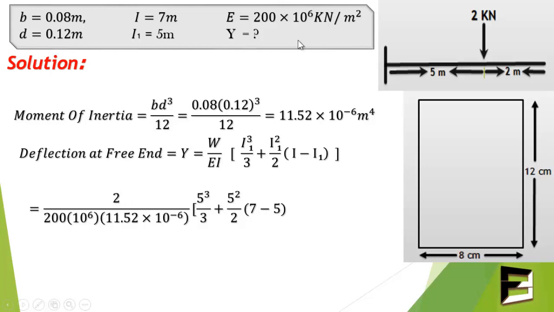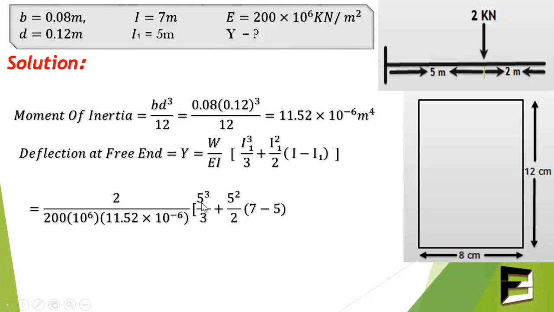W is the point load on the beam, which is 2 kilonewton. E is the modulus of elasticity, which is 200 multiplied by 10 raised to the power 6. I is the moment of inertia, whose value we determined a few minutes ago, which is 11.52 multiplied by 10 raised to the power minus 6.